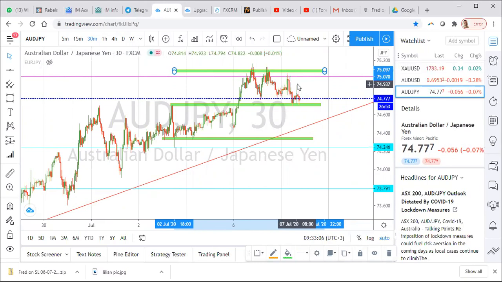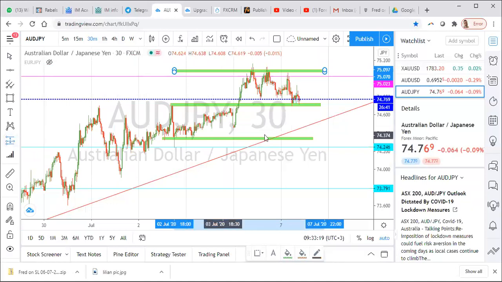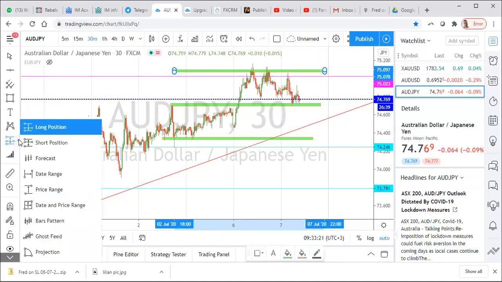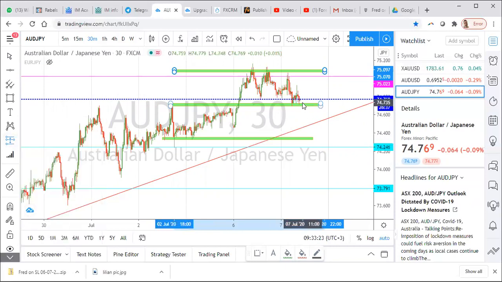So the fact that it's rejected higher zones is possibly it's now getting ready to break. So I'm really looking at the short position, possibly here.